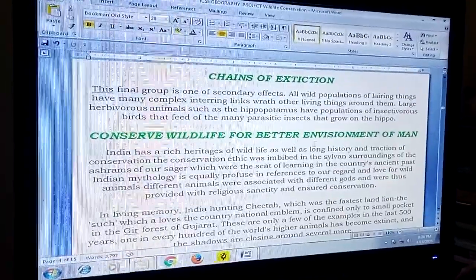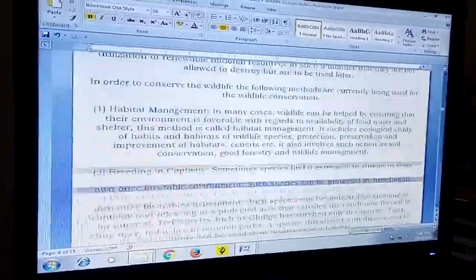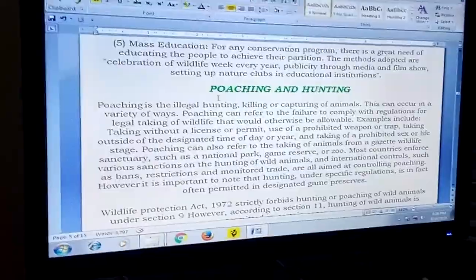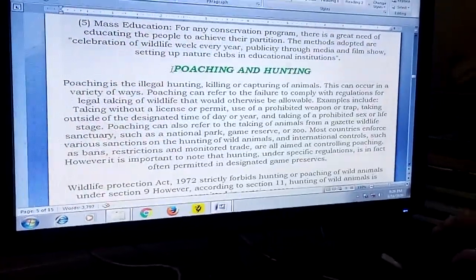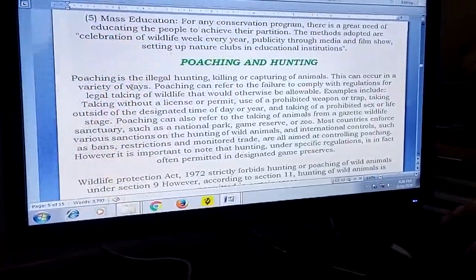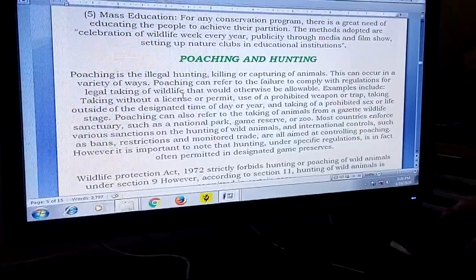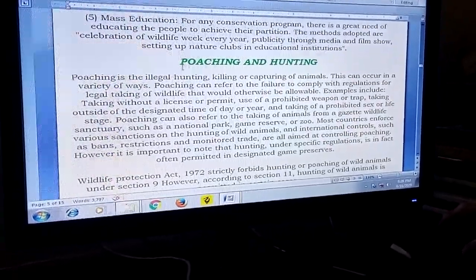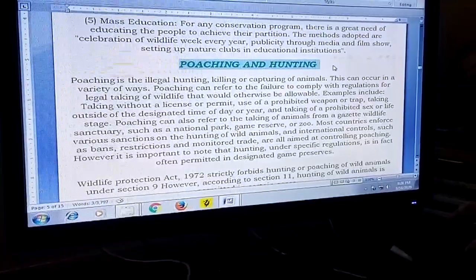Conserve wildlife for a better environment for man. Then poaching and hunting, all very important things. Poaching means hunting and killing, and this is becoming a major problem nowadays.